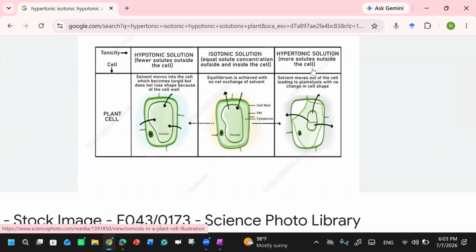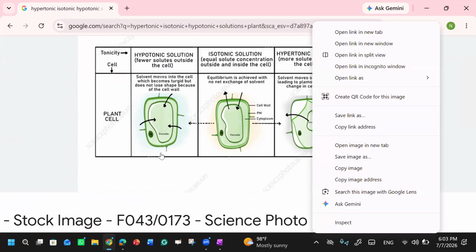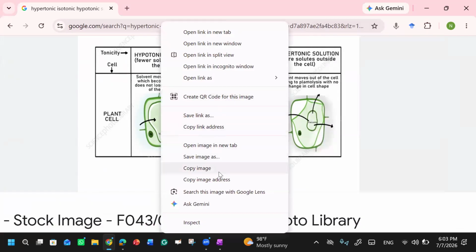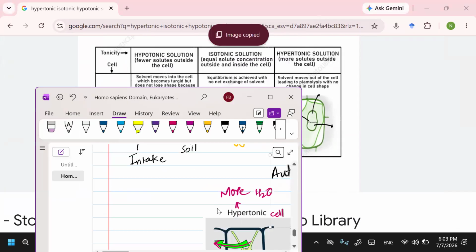Okay, what is this? Hypotonic solution means there are less solutes outside the cell.